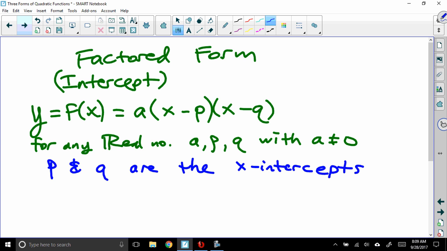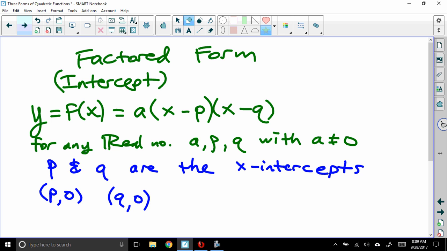In other words, the graph will go through the point (p, 0), and the graph will go through the point (q, 0). In the same way that h is counterintuitive, p and q are also counterintuitive.